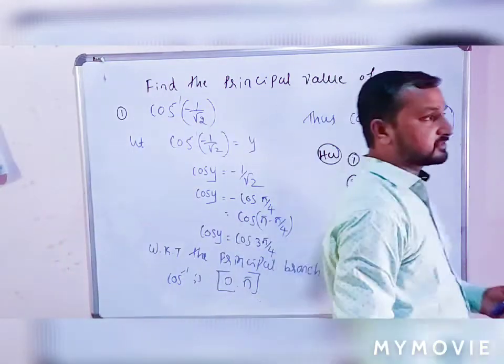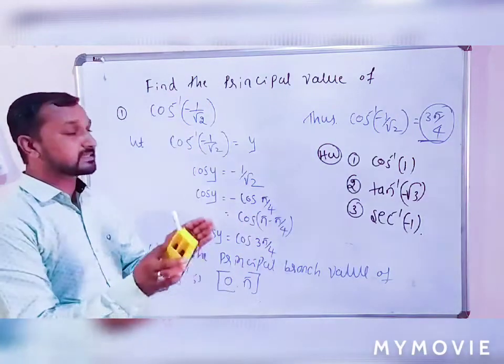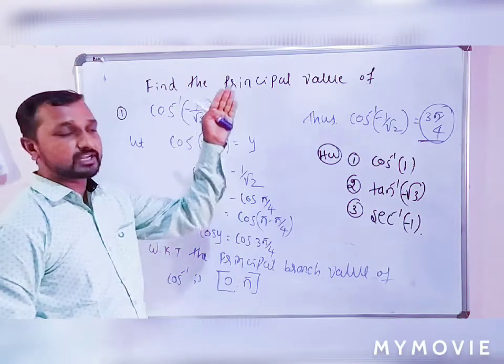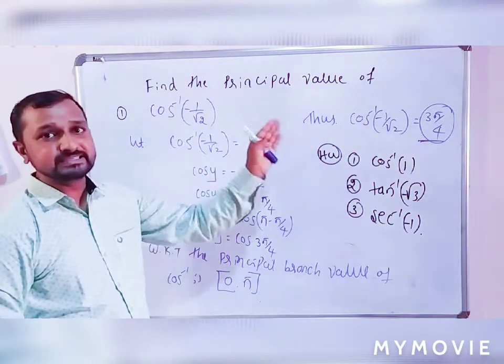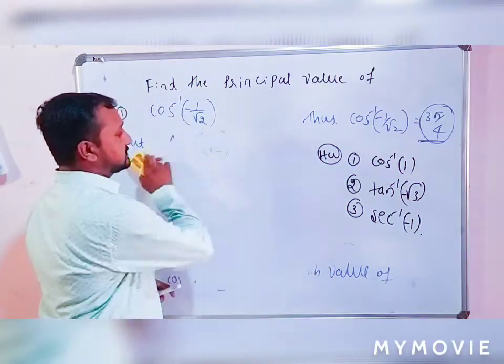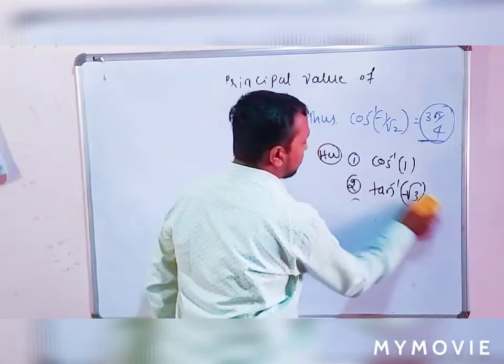So I will tell you a very easy method. By using properties of the inverse trigonometric functions, we can solve this example very easily. For that we will discuss some standard inverse trigonometric properties.